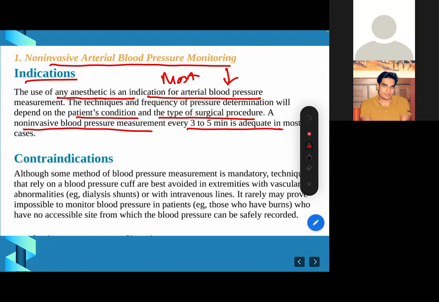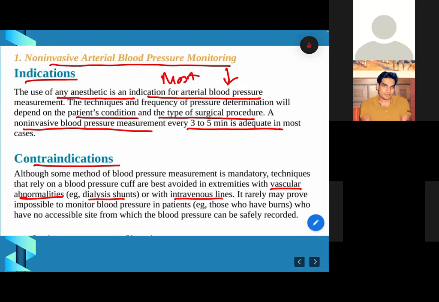We should also know the contraindications of using non-invasive blood pressure monitoring. These are vascular abnormalities. If the patient is having dialysis, shunting, or an AV fistula on the limb, then we should not use non-invasive blood pressure monitoring on that limb, or with intravenous lines.